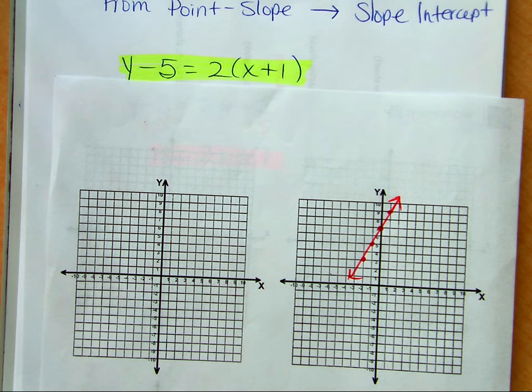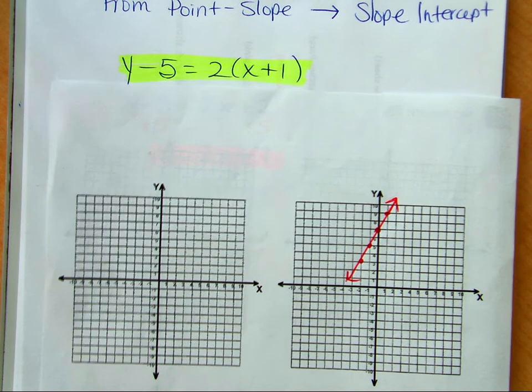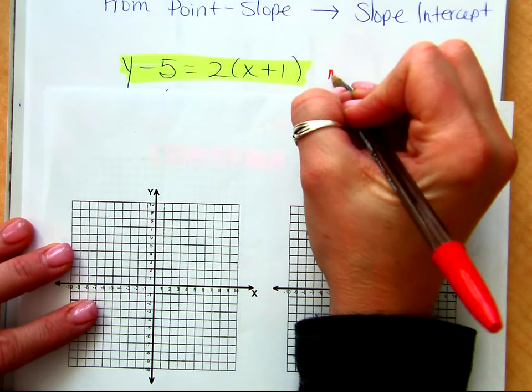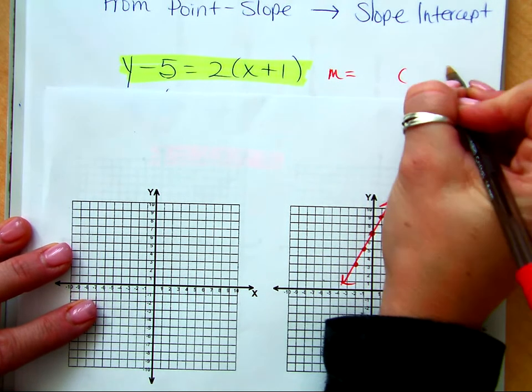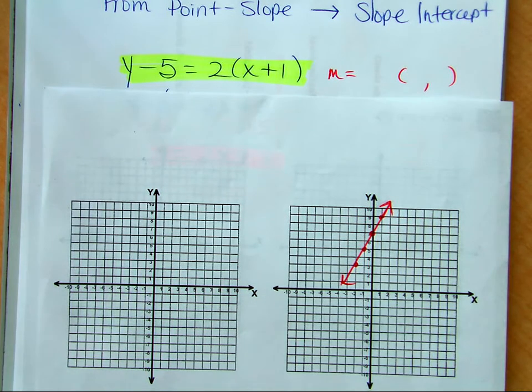Hint, hint. It has something to do with what we just did about 10 minutes ago by pulling out vital information from point-slope form. Yes, it tells you where to start and it tells you where to go.